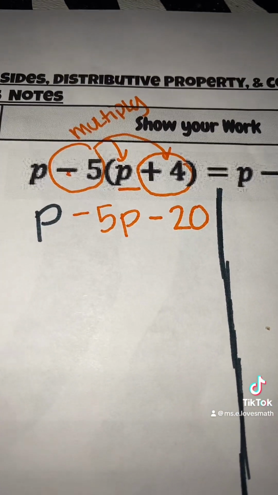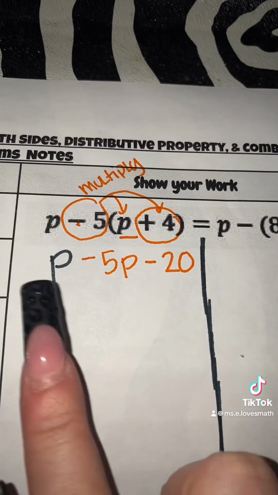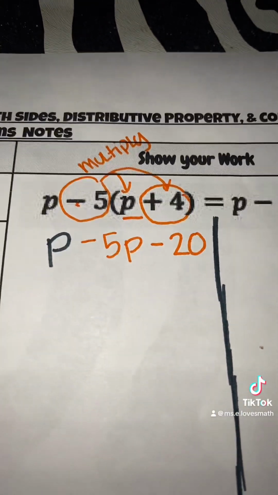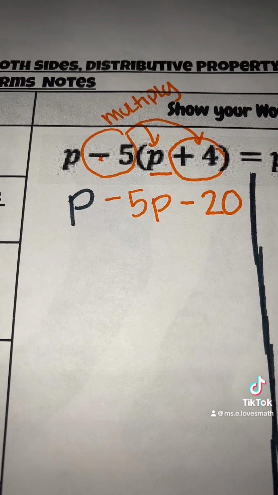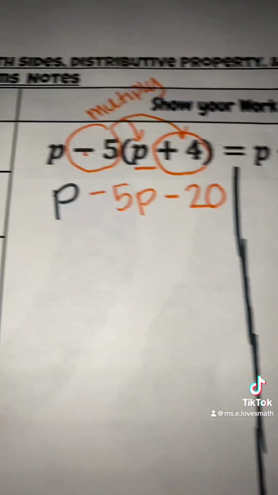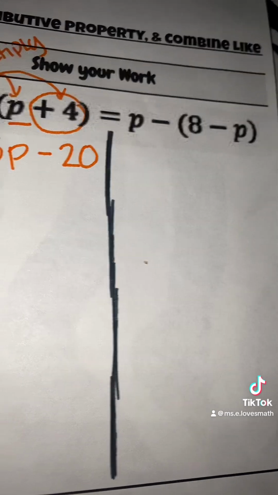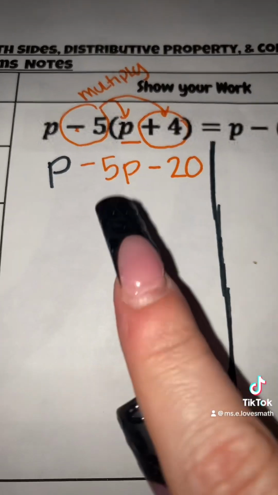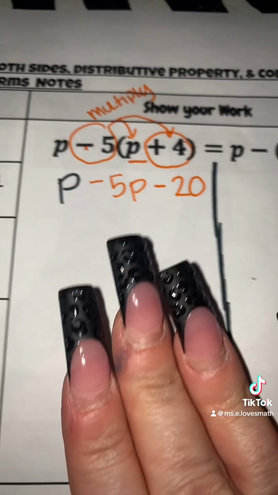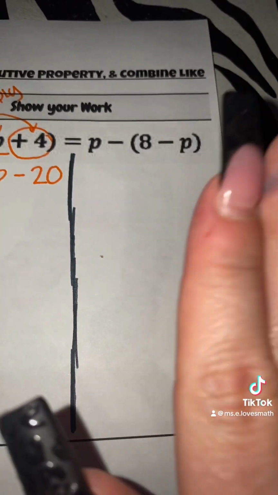It does not need to be distributed, but it does need to be part of the equation. I like to work on one side at a time, so I'm going to distribute and combine on this side, then I will distribute and combine on that side. Then I will continue the steps.